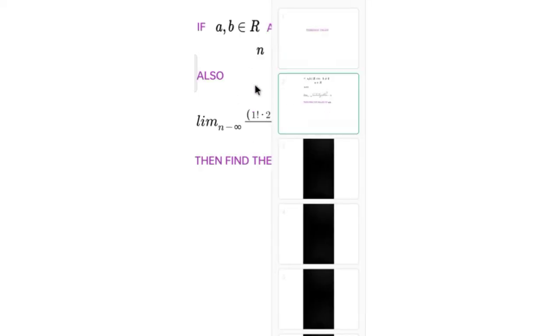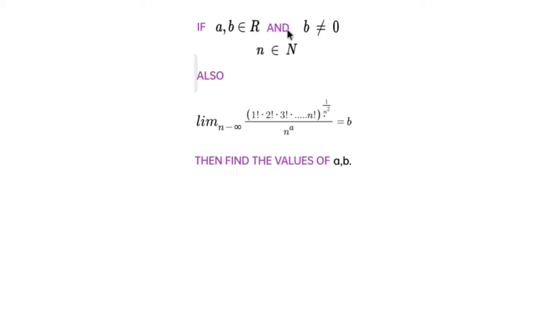So the question is: if a, b belong to R and b is not equal to 0, and n belongs to the natural numbers, these are the properties of a, b and n. The limit as n tends to infinity of (1 factorial into 2 factorial into 3 factorial and so on till n factorial) whole power 1 by n squared, divided by n power a, is equal to b.